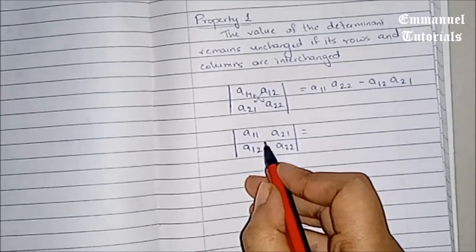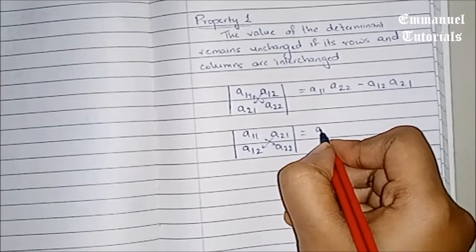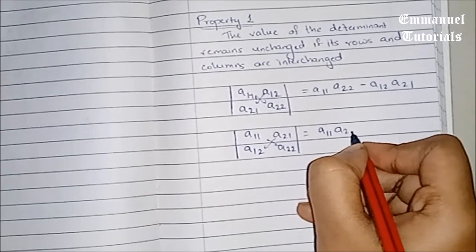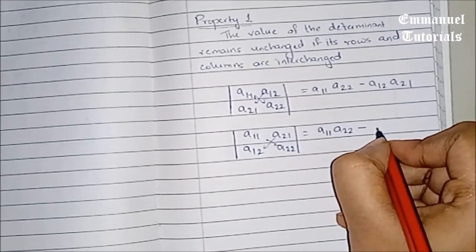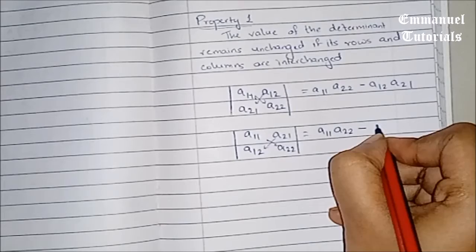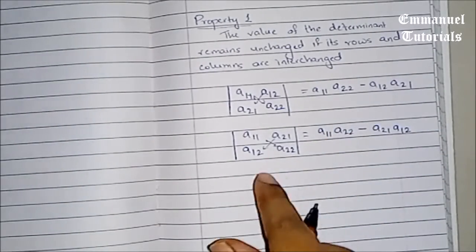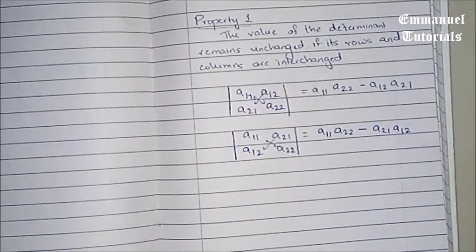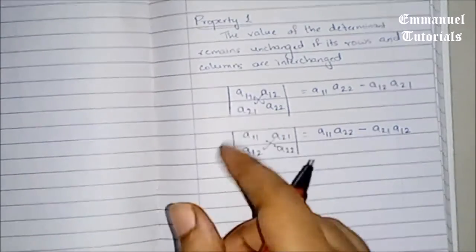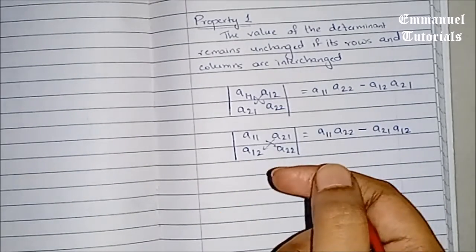What will it be? This into this minus this into this. So it will be A11 A22 minus A21 A12, or A12 A21 anyways. So can we say that these two are equal? Yes. You can also try this with the general form of the 3 cross 3 matrix, but I've done it with this so that you find it easier.